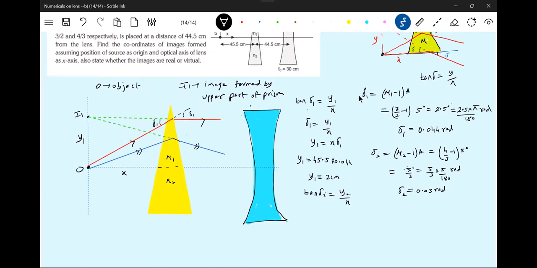Delta 2: 45 into delta 2, which is 0.03, gives 1.3 centimeter. So the image will be formed just below that one.